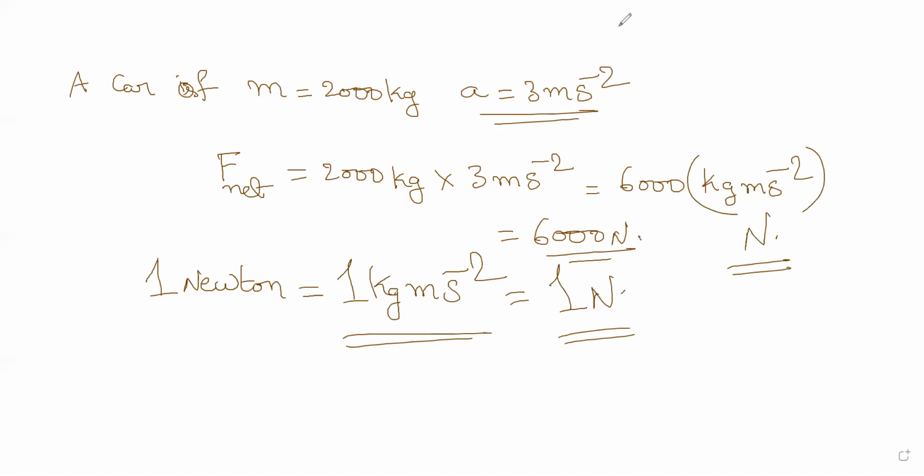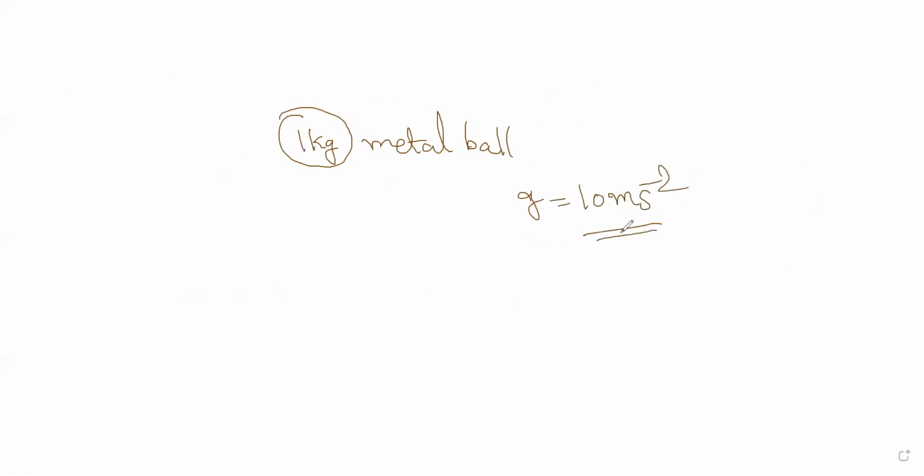And now let us understand what a 10 Newton force is. Suppose you consider a 1 kg block, a 1 kg metal ball. Let's take the gravity as 10 meters second power minus 2. The gravity will pull this mass downwards with a force of mg.